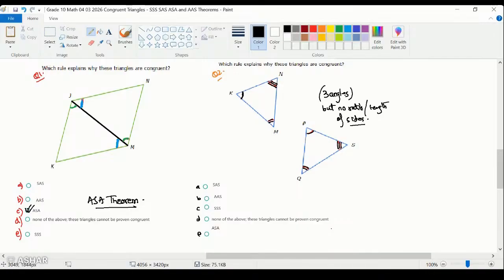Agreed? That means we cannot apply side angle side, as no side is given. Angle angle side we cannot apply. We cannot apply side side side because we don't know the length. We cannot even apply angle side angle because we do not know any side. That means we cannot prove these are congruent, because we do not have any length given to us.